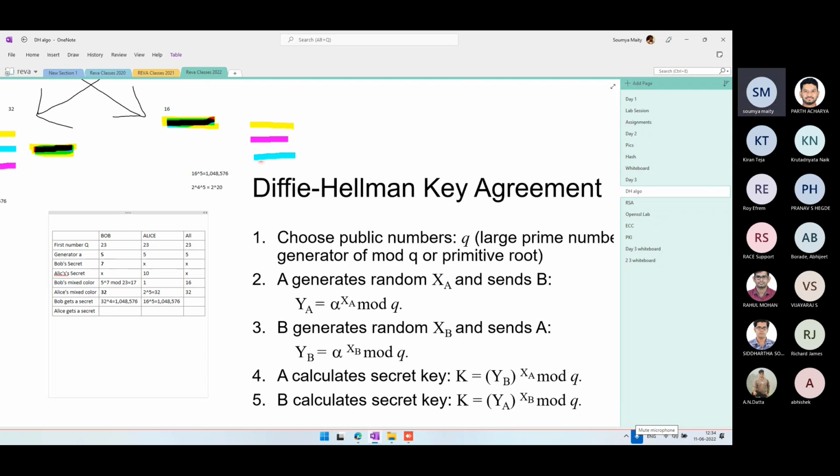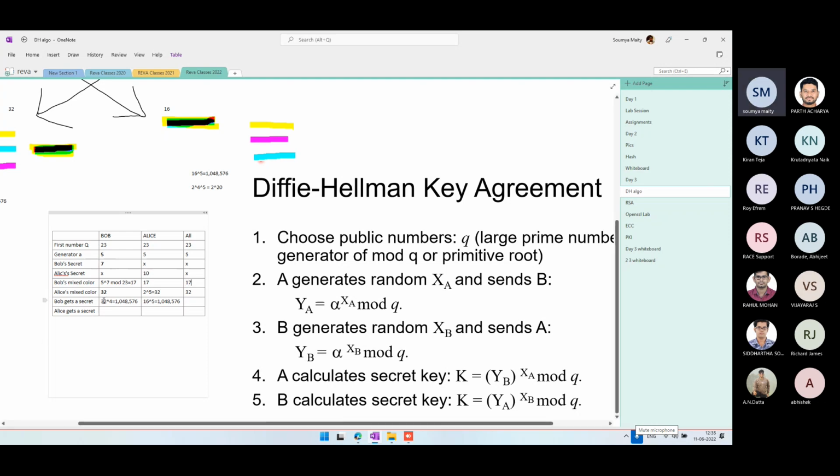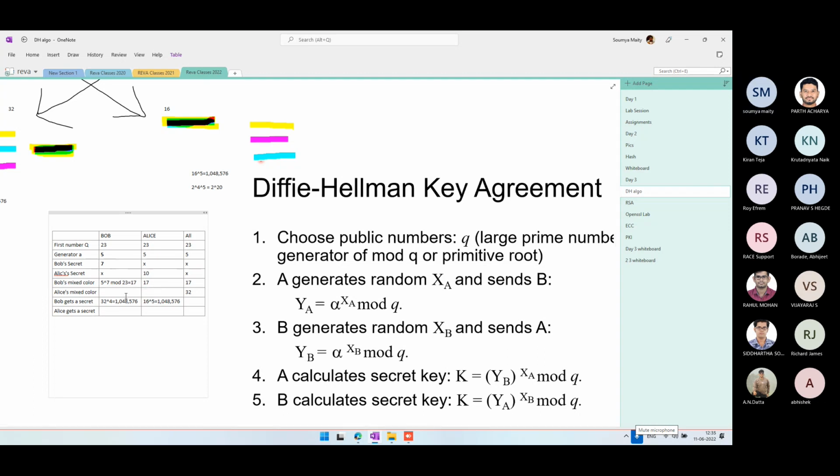So everybody will know 17. These guys will also know 17. Now Alice's number is 10, right? Alice, what will she do? The same thing. 5 is the generator. 5 power 10 mod 23 is 9.